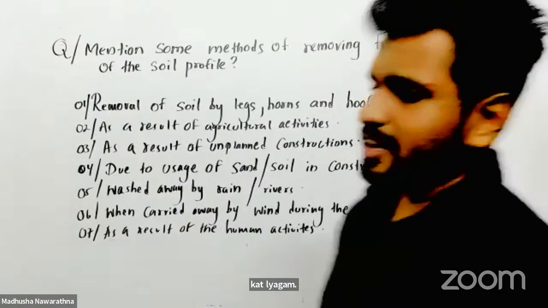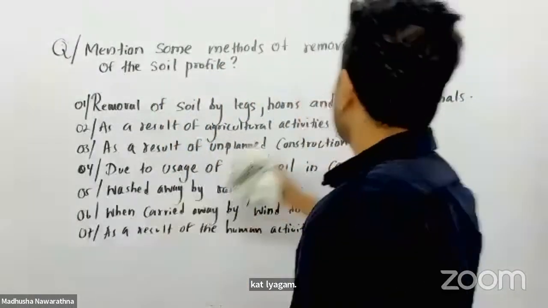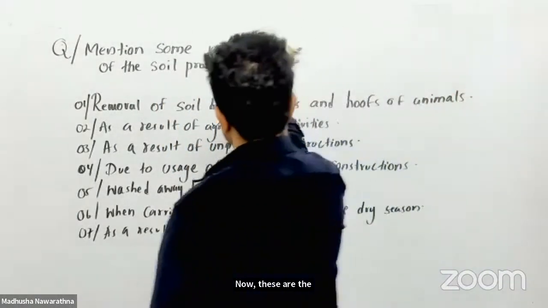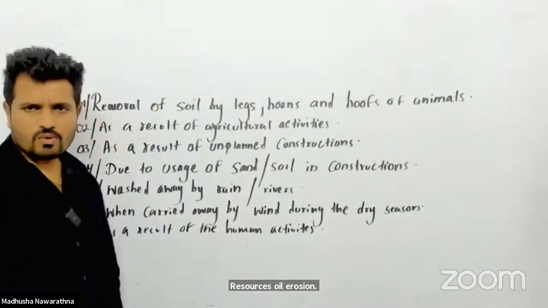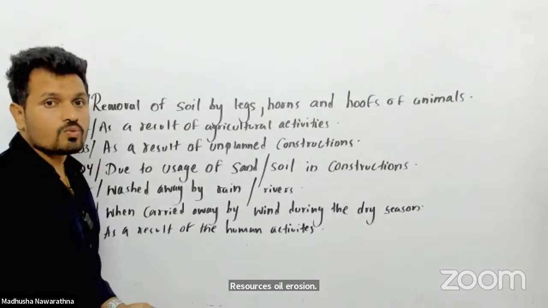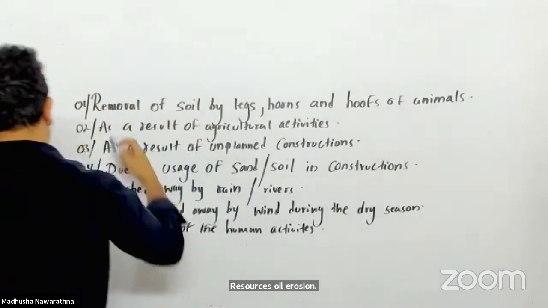Now these are the methods which result in soil erosion. This is how soil erosion happens. Now you have to write how to avoid this. How do we stop this?